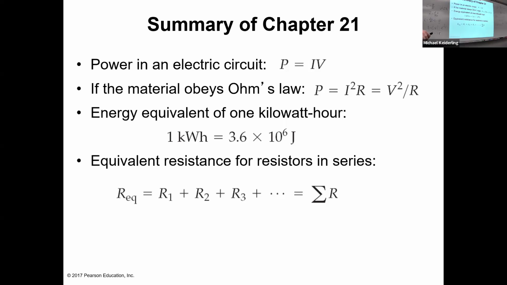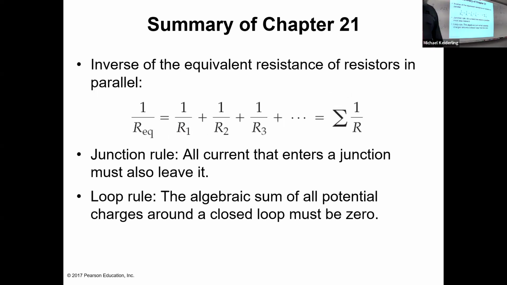The energy equivalent of 1 kilowatt hour is 3.6 times 10 to the 6 joules. For resistors in series, you add the resistances, R1 plus R2 plus R3. For resistors in parallel, the inverse of the equivalent resistance is the sum of the inverses.